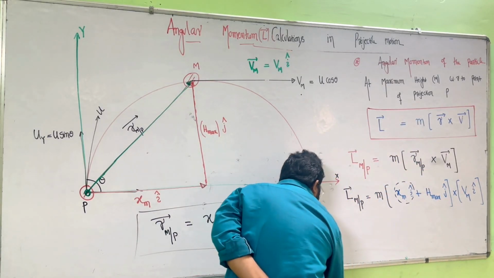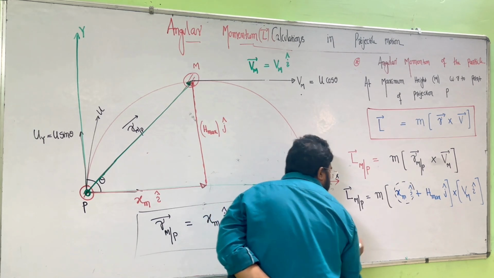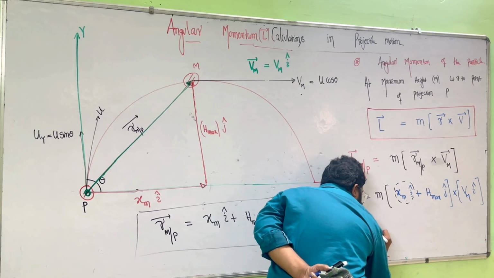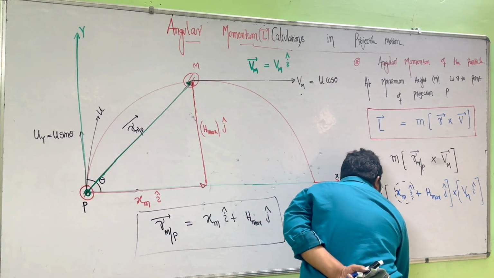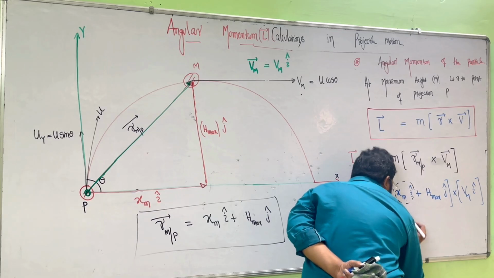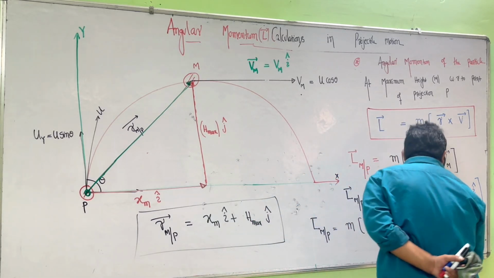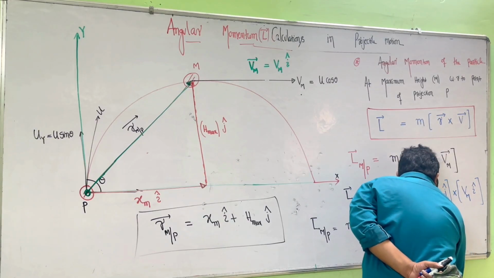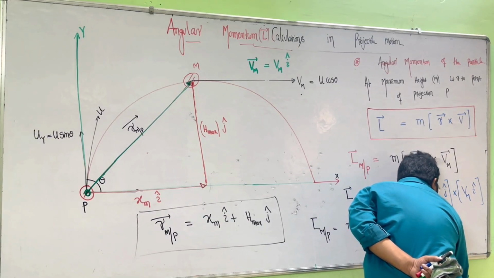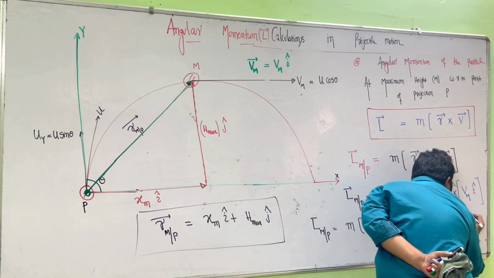Here you can write L bar MP, that equal to how much? Xm into VM, I cap cross I cap, that is 0, plus minus this is H maximum into VM, J cap cross I cap.